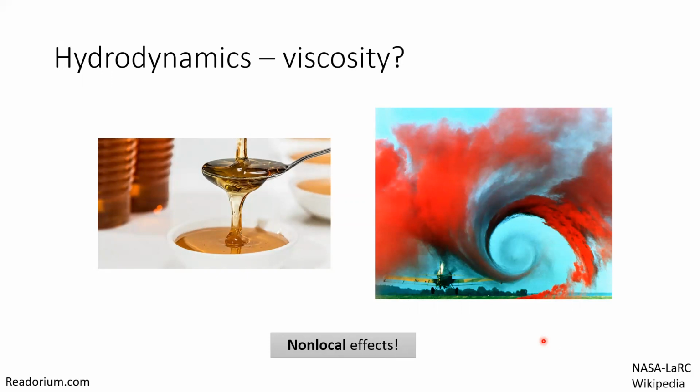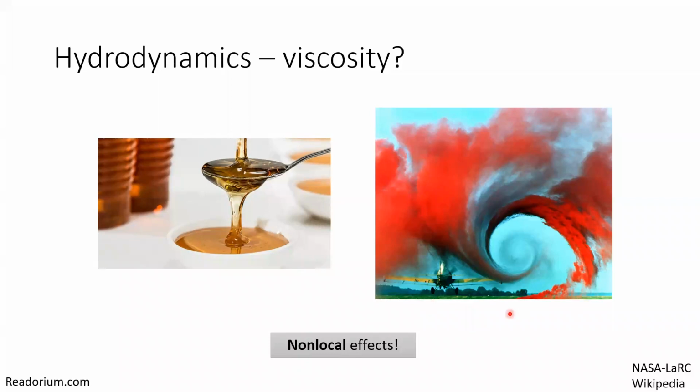We've been interested in viscous effects, which lead to non-local transport behavior. There are a lot of everyday common experiences we have of these viscous effects. For instance, when you pour honey out of a jar, you immediately experience the viscous flow resistance.